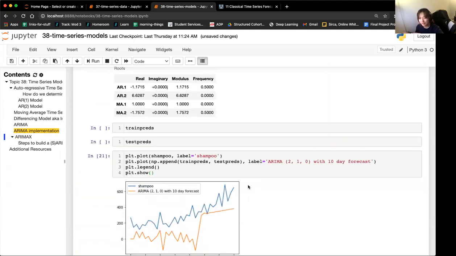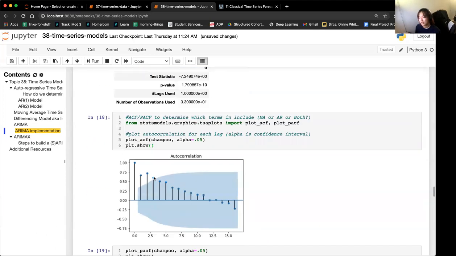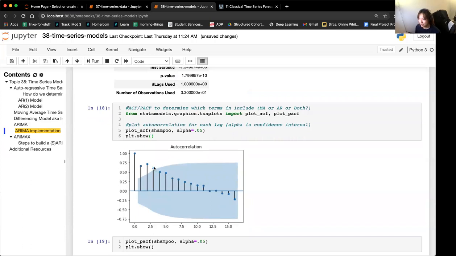Something I will tell you all about ARIMA modeling is that it's really just playing around with these 3 numbers, which can get a little bit cumbersome with these 3 hyperparameters, because sometimes it's not very clear, for example, whether I should keep this 3rd term as a moving average term or not.